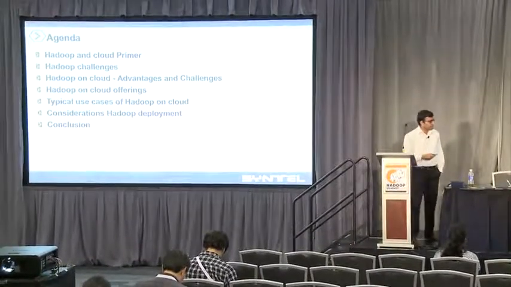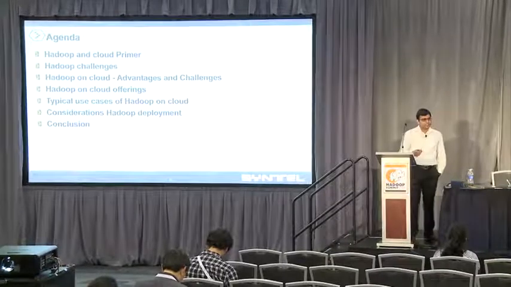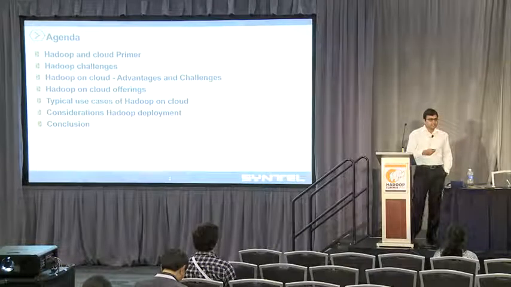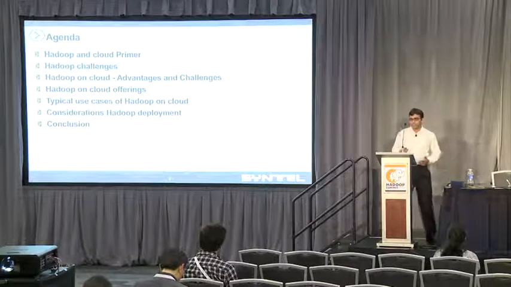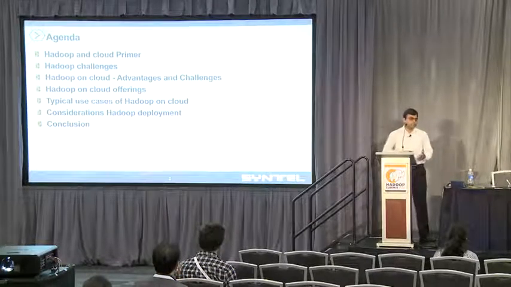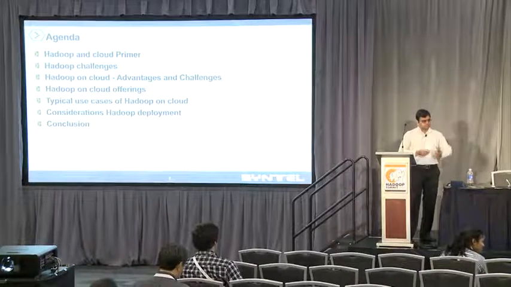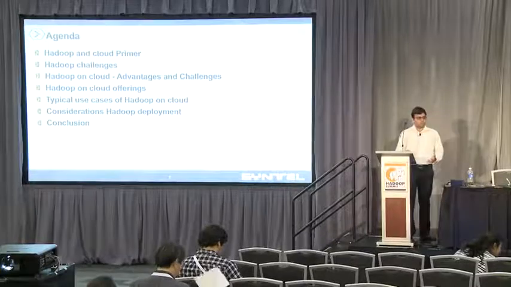After that, we'll look at some Hadoop-based offerings, one of them in detail, and then the typical use cases possible with Hadoop deployed on cloud. Finally, we will look at the considerations of Hadoop deployment and our conclusion.